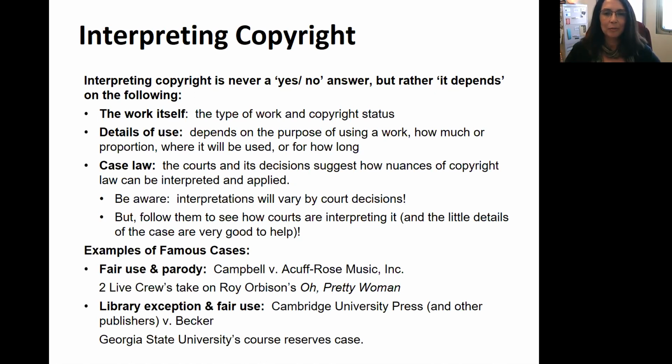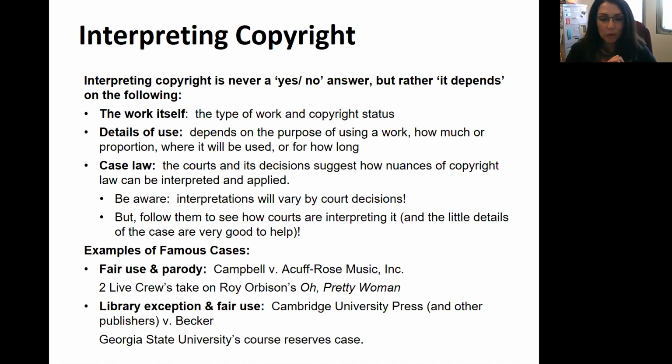They were the publishers of Roy Orbison's song, Oh, Pretty Woman. Well, in the late 80s and early 90s, he did a parody of the song, and the court case went all the way up to the Supreme Court, but it really has been a definitive case on allowing copyrighted works to be used for parody and also fair use.